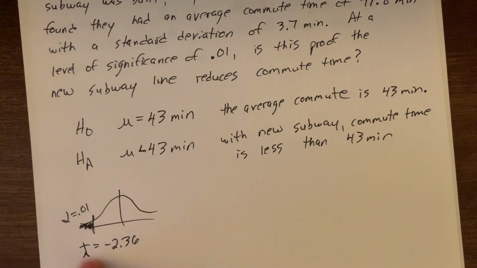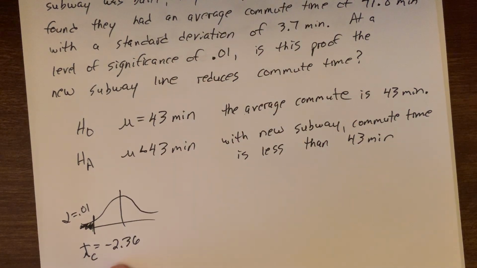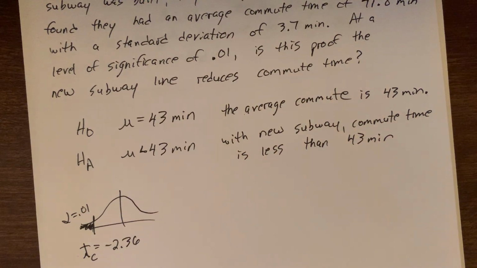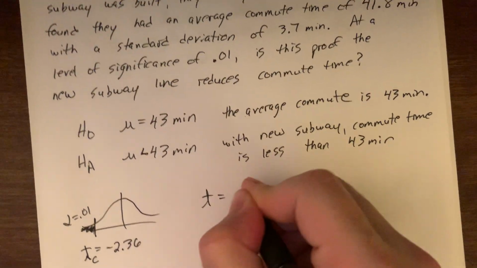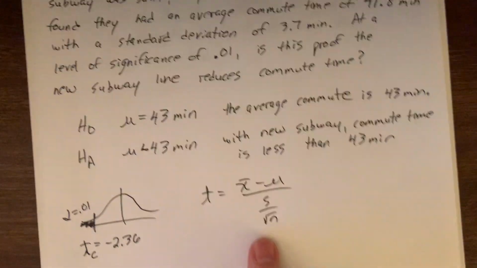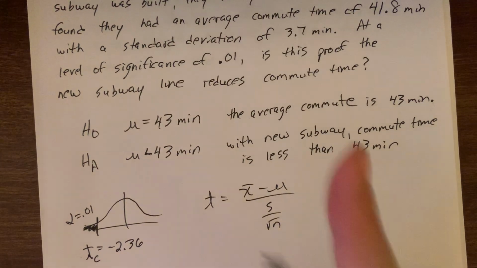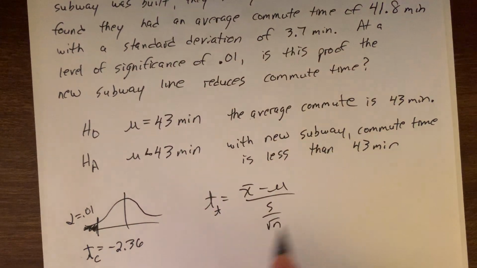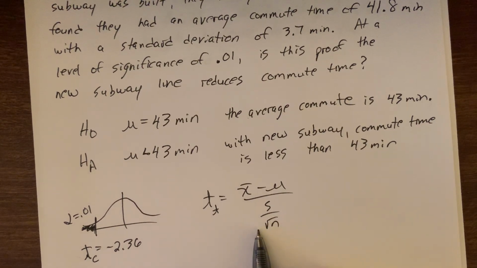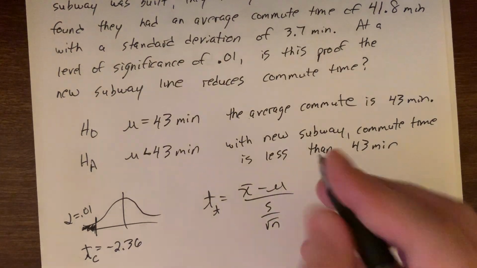Again, I have no problem if you just label it T. Some people like T sub C. That's the critical T-score, the T-score that separates the shaded from the non-shaded. But now I know I'm going to use this formula, right? If I use T here, I'm using T here. And if I already put a subscript here, this will be T sub T, the test T value. But now I use the rest of my sample data. I need my sample mean minus my population mean.